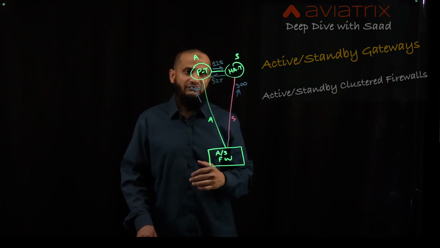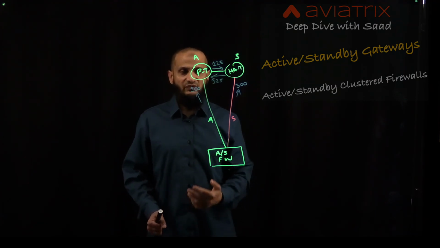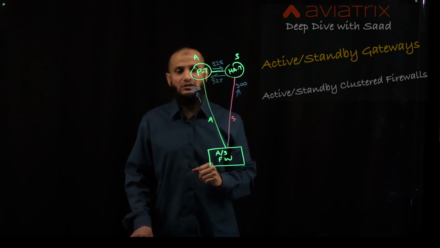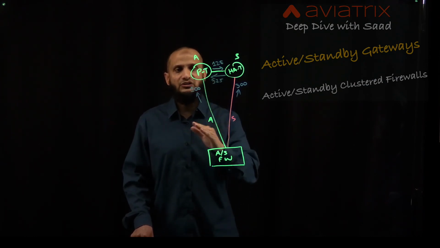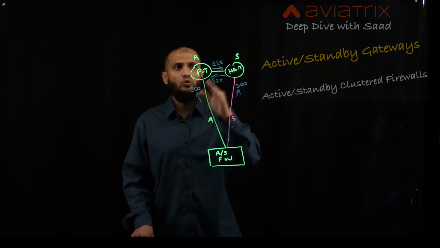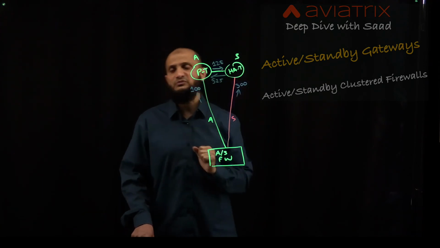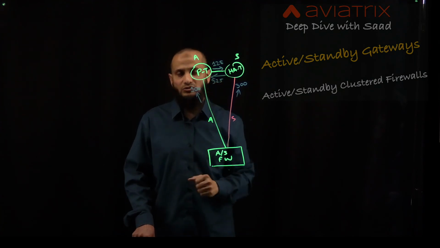So let's say you start with non-preemptive, which is the default method, and when this switchover happens, you lose all your connections to the primary and the controller switches over to the HA gateway, now the HA becomes the active. At this point, all tunnels come back, or some tunnels come back over to the primary.